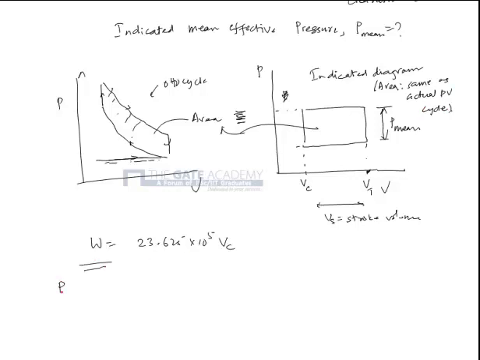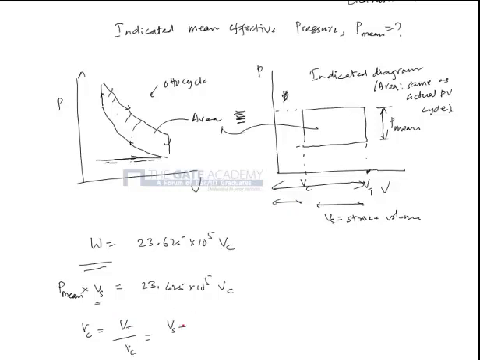Now the actual area is P mean into V stroke, because it's basically length into breadth, and this is 23.625 into 10 power 5 VC. Now Vs, how do I find? We know that the compression ratio is total volume by clearance volume, Vt by Vc.